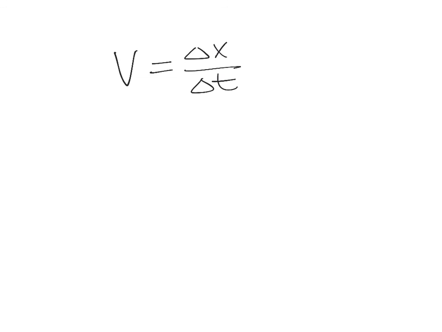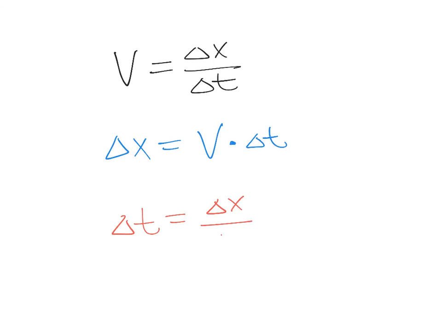And then there is delta x equals velocity times delta t. And lastly, there is delta t equals delta x divided by v. And whichever variable is your unknown, you use that equation for your problem.